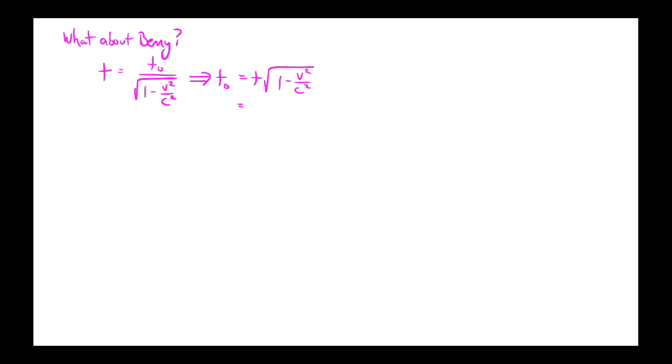So what is T? We just determined T is 25.6 years, and we're going to multiply that by the square root of 1 minus V squared over C squared. So that's 0.99c squared, with c squared in the denominator. Somebody get your calculator ready. It's 1 minus 0.99 squared, because the c squareds cancel out.